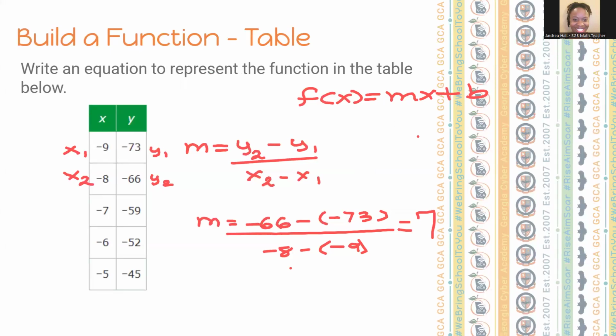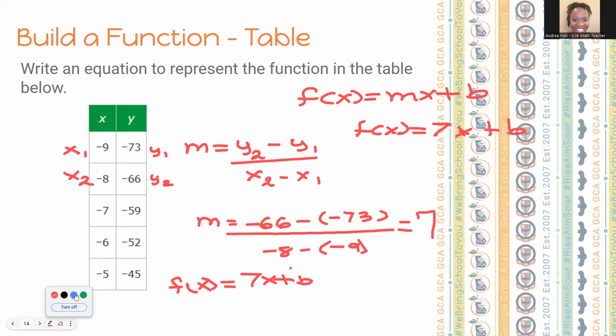Now what I don't know, I'm going to say f of x equals 7x plus b. I do not know what my y-intercept is, but I can choose a point on my graph and plug it in and figure it out. f of x equals 7x plus b. So I'm going to choose any point on here.